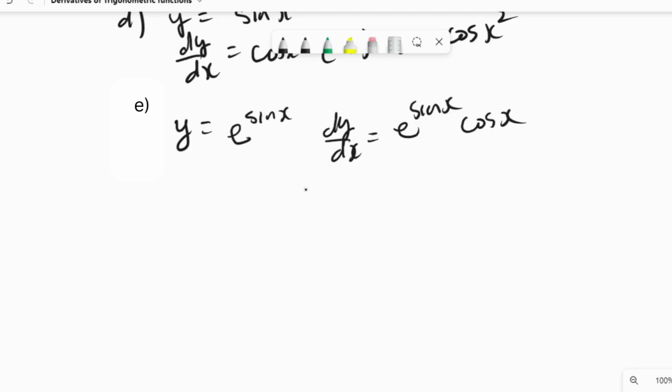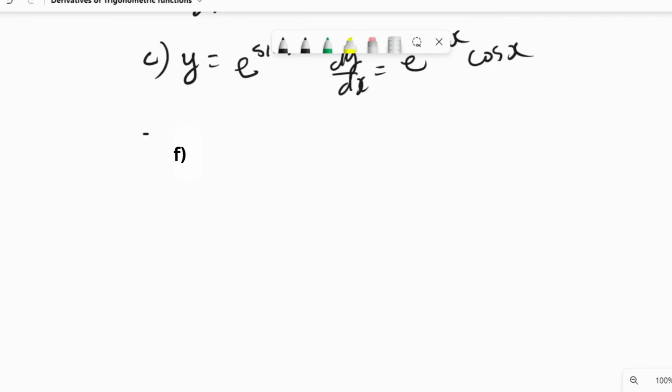Okay, now let's see the derivative of tan. Y equal to tan x. To do tan, we can change it to sine and cosine.